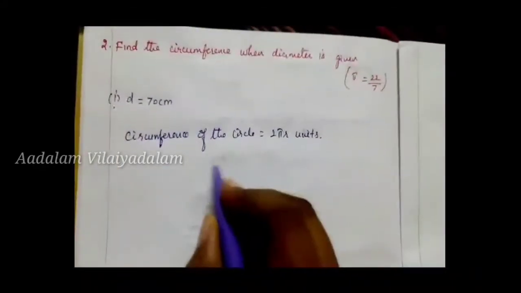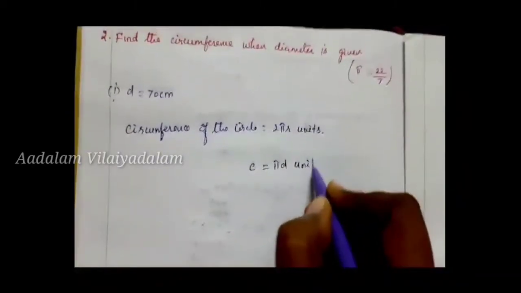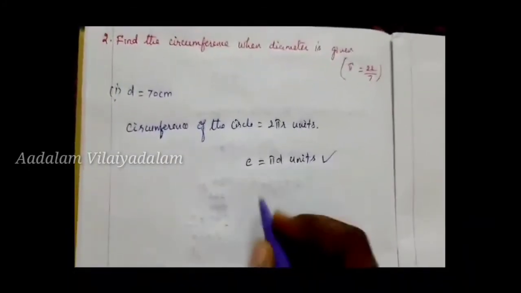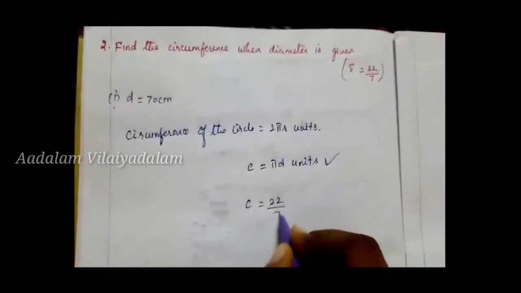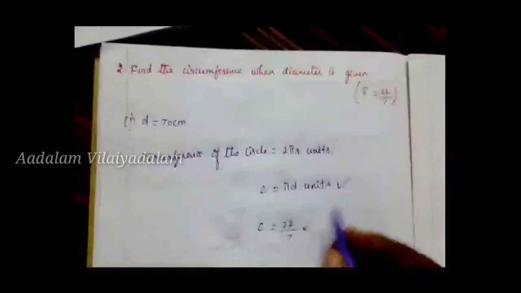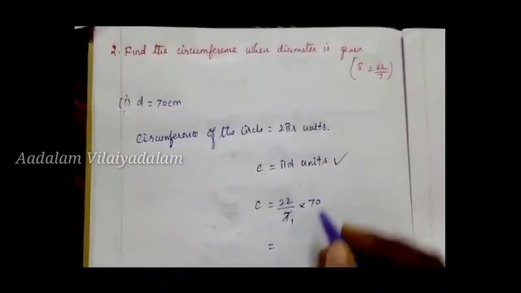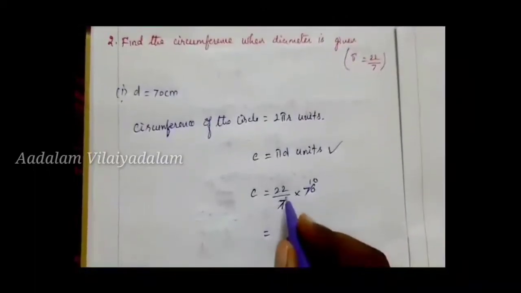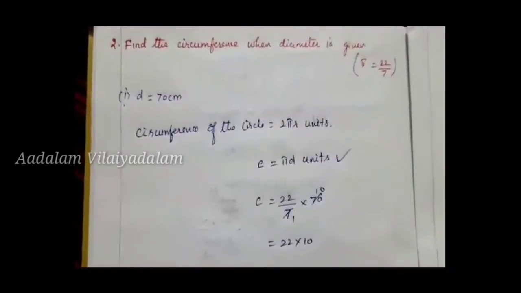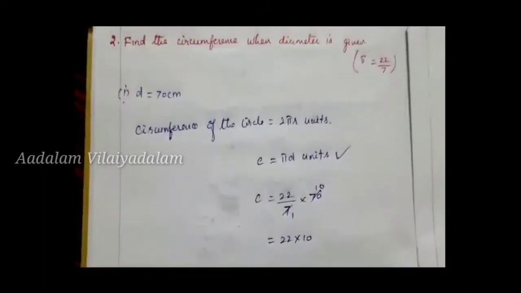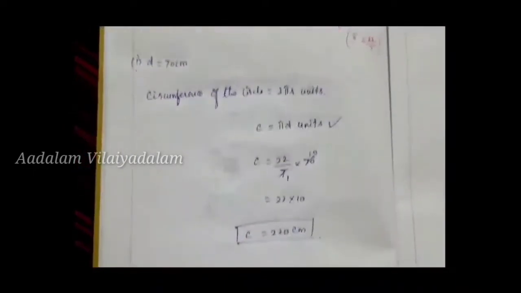So C equal to pi value they have given, that is 22/7. Then the d value is 70 centimeter. If we cancel it by 7 table, then we get 10. Then multiplication of 22 into 10, we get circumference of the circle is 220 centimeter.